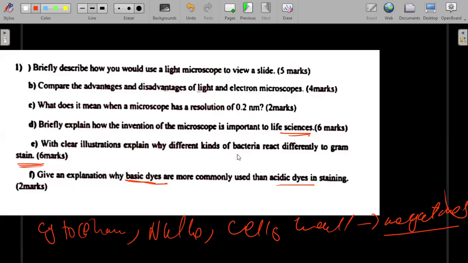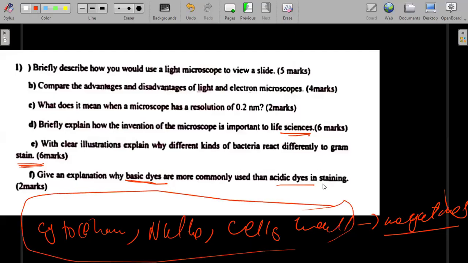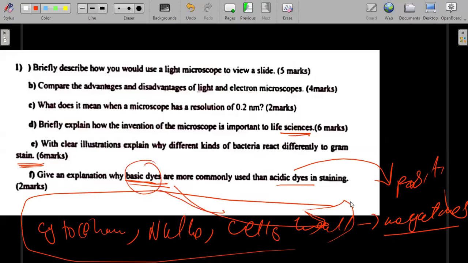Most structures in most cells carry a negative charge, and the basic dyes will usually react to negative charges. Acidic dyes, on the other hand, stain positive charges. Because these structures carry negative charges, most of the common dyes are going to be basic, since they are the ones that will stain most of these structures.